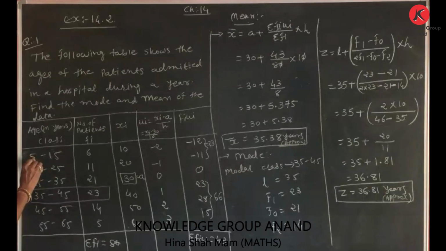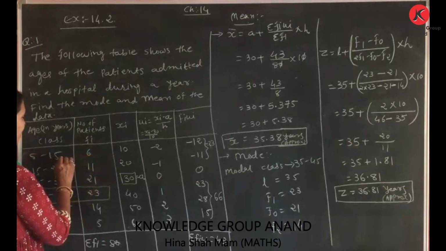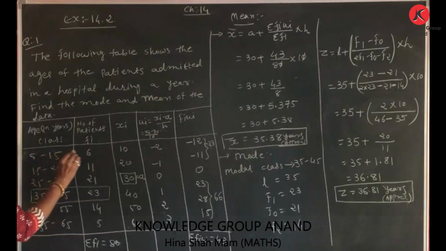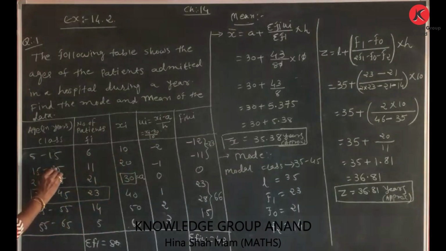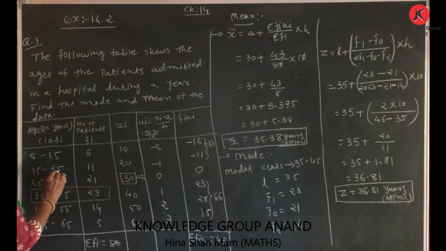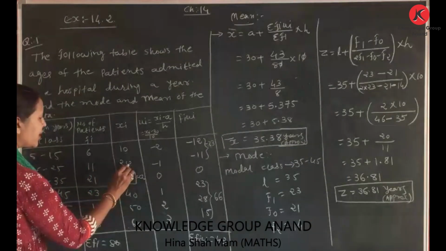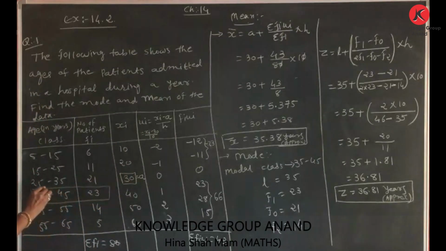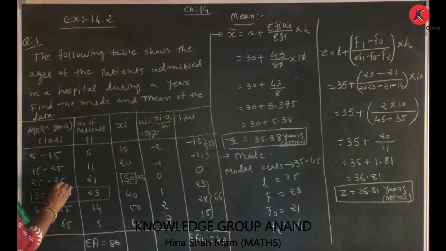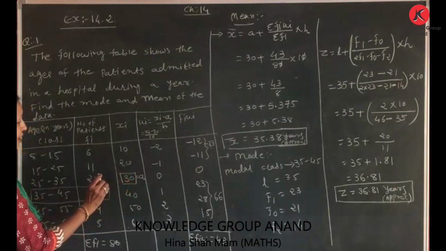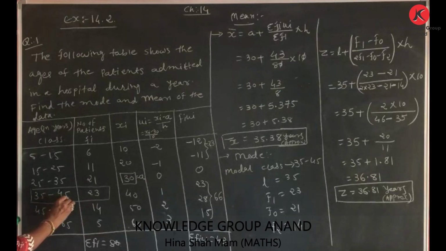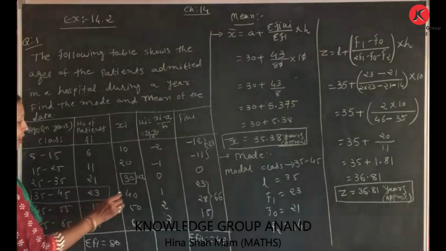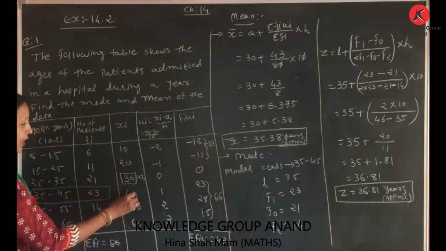Then 5 plus 15 divided by 2: 20 divided by 2 is 10. 15 plus 25 divided by 2: 40 divided by 2, 20. 25 plus 35 divided by 2: 60 divided by 2, 30. 35 plus 45 divided by 2: 80 divided by 2, 40.